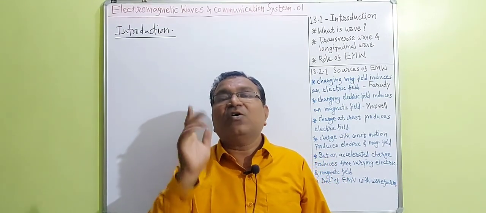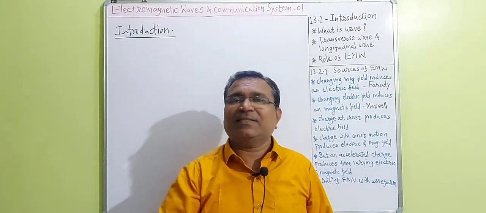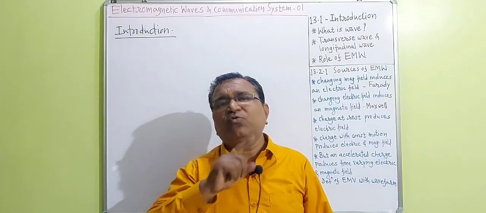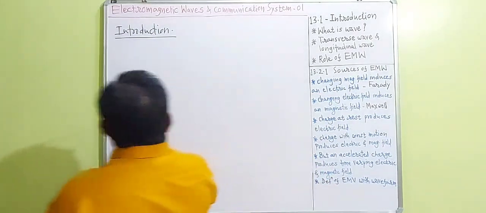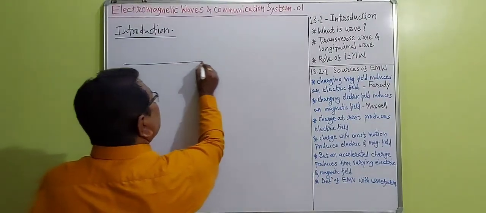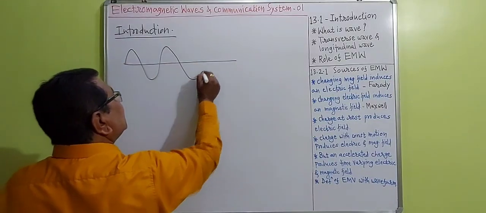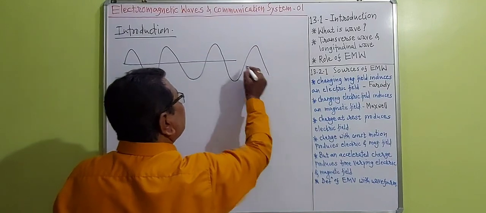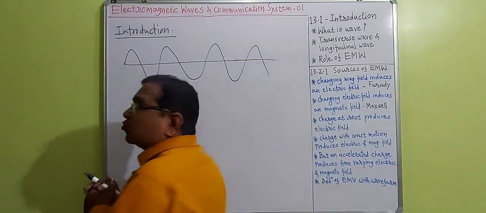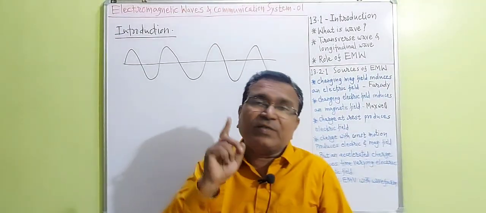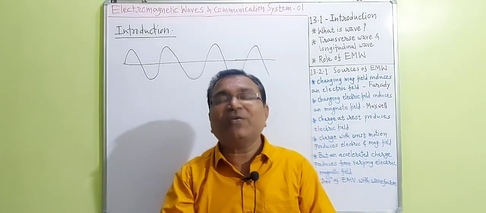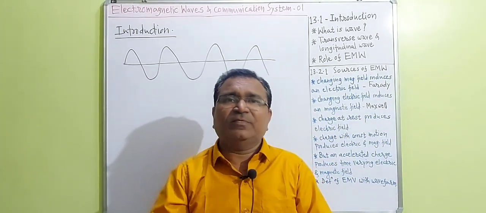A wave is an oscillatory disturbance propagating through the medium without change of form. We call it a wave.